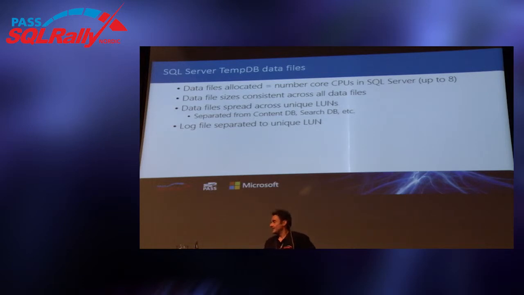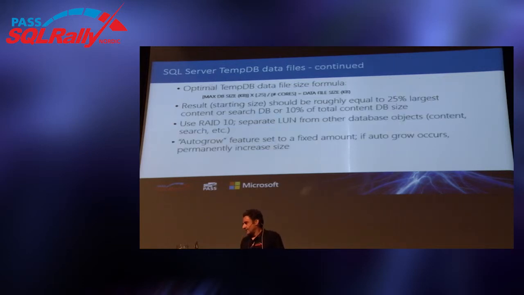Okay, so the TempDB, I guess it's general for good SQL Server performance, that you need to have several data files allocated, 1 per CPU core to a limit of 8. And the size of the data files should be consistent across all the data files. And the log file should be on its own LUN.